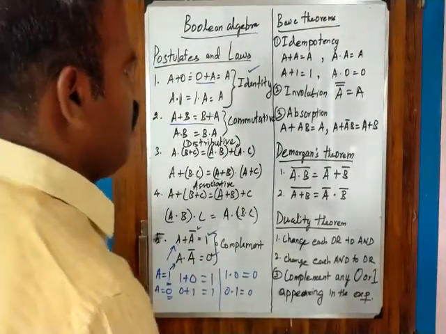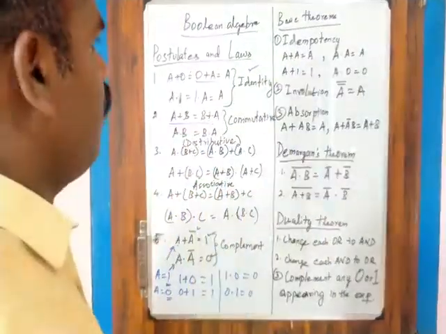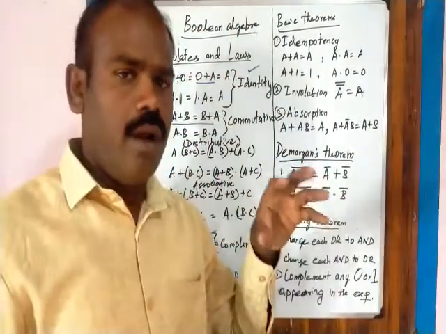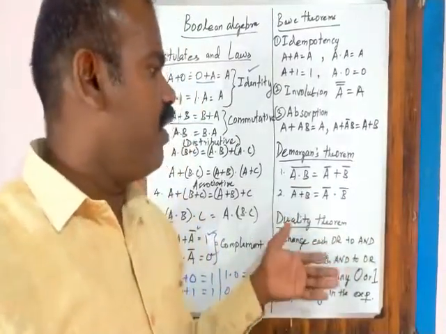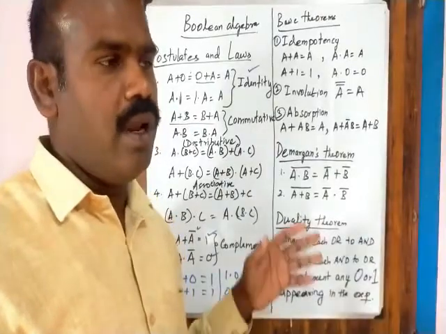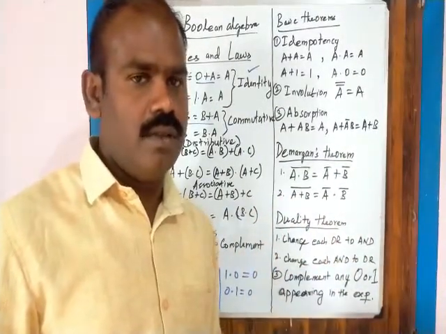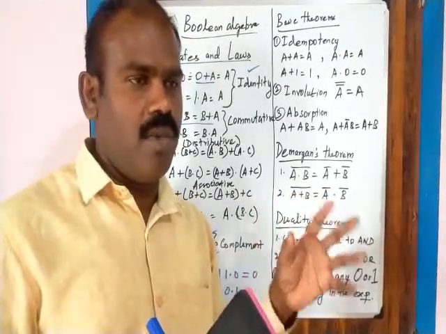Okay. Next, basic theorems. All these postulates, laws and theorems are used to reduce the Boolean expression. Next class we will see how to reduce Boolean expressions. A Boolean expression is the output of a digital system. So we have to reduce the number of components.